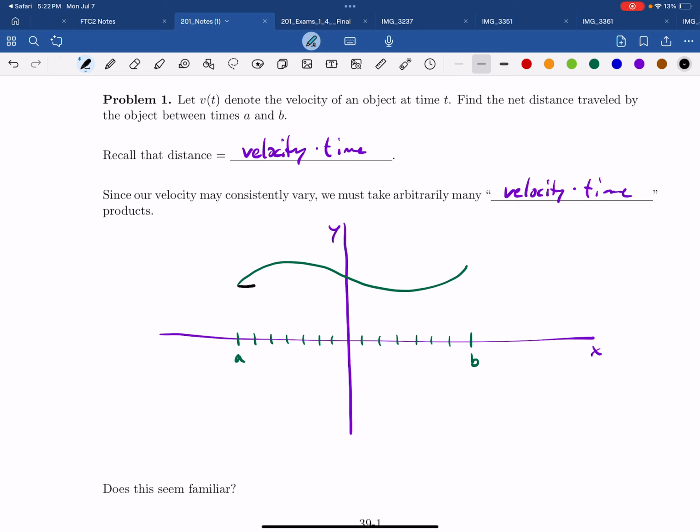Of course, it's an approximation, but we're just going to do that. And then we could do this, and this, and this, and we could just sort of keep doing this.